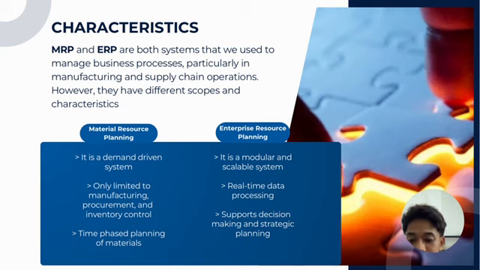First, MRP is a demand-driven system, limited to manufacturing, procurement and inventory control, and last but not least, time-phased planning of materials. While ERP is a modular and scalable system with real-time data processing, and supports decision making and strategic planning.